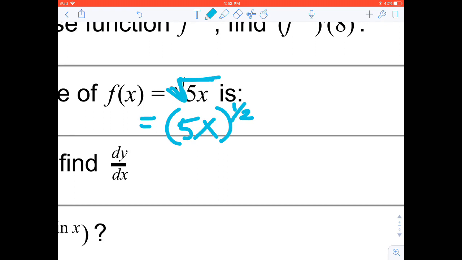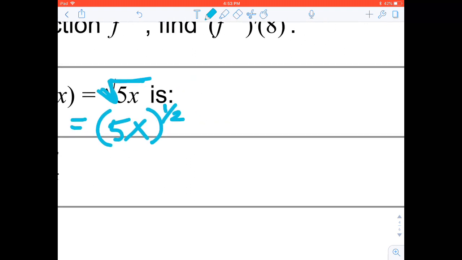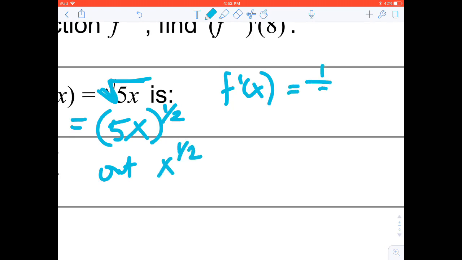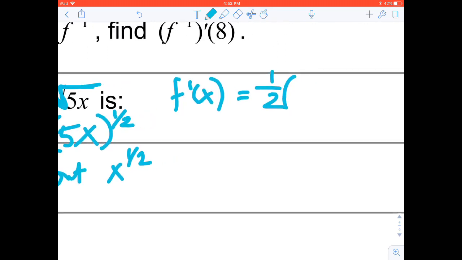So that means the 1/2 has to be on the outside of that whole thing. Chain rule tells us we need to take the derivative of the outside. My outside is x to the 1/2. So the derivative of that would be 1/2 x to the negative 1/2.